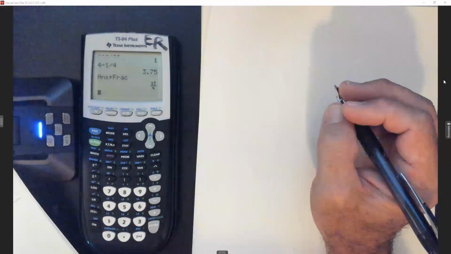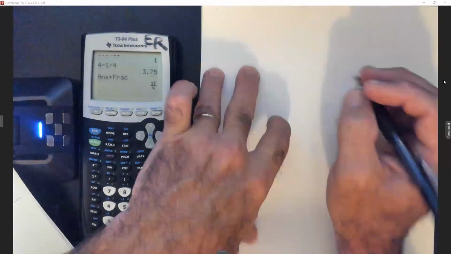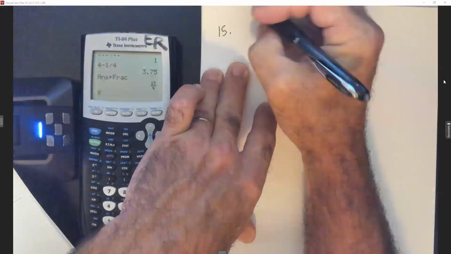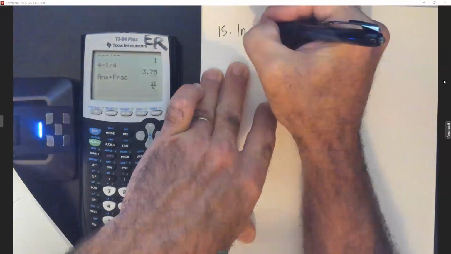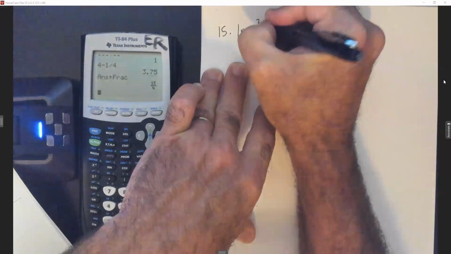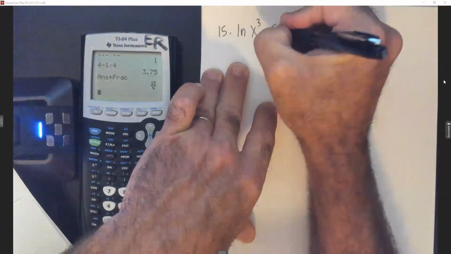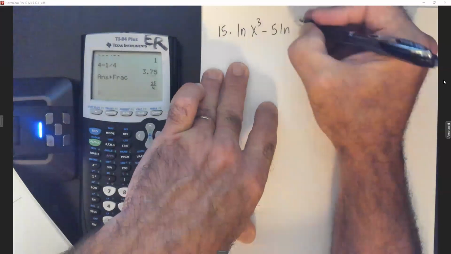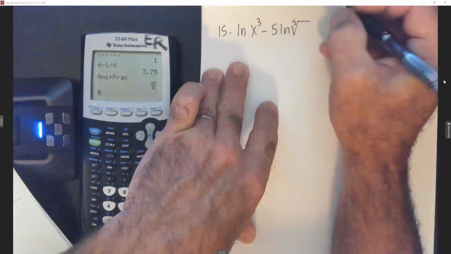All right, same thing again. So this is number 15. I got a ln x to the 3rd minus 5 ln 5th root of x squared.